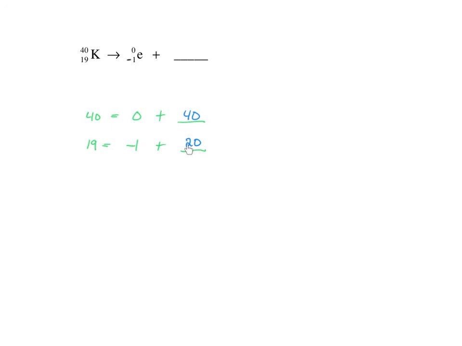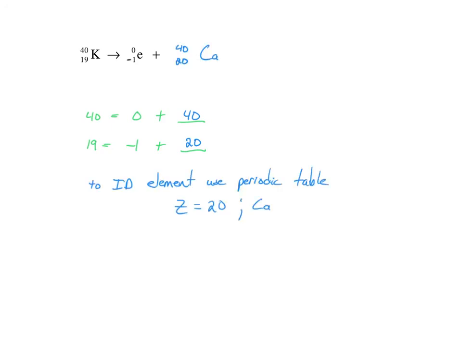So these two values have told us what the mass number and the atomic number of our unknown particle is. Now finally, we determine our unknown element from the atomic number, the preceding subscript. We know our preceding subscript is 20. We go to the periodic table and we see the element associated with an atomic number of 20 is calcium.